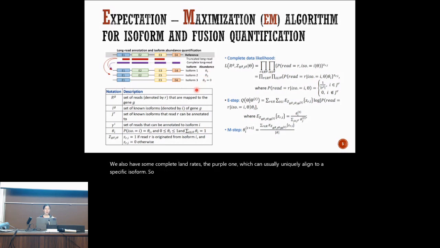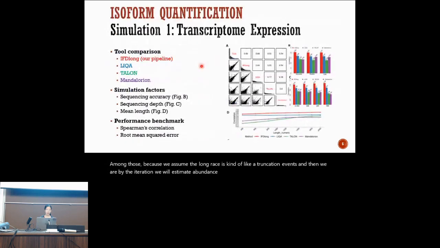So our purpose is to develop an algorithm, the expectation maximization, the EM algorithm. We want to quantify the abundance of each isoform, even for the same gene or across the whole transcriptome. I will skip a lot of details, but basically we're using some survival models because we assume the long reads are a kind of truncation events. And then by iteration, we will estimate the abundance ultimately.